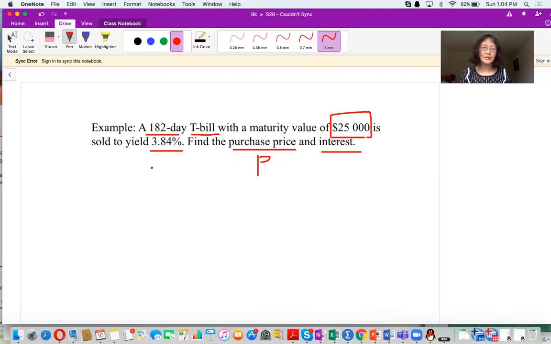So let's do the purchase price first. Present value equal to S divided by 1 plus RT.